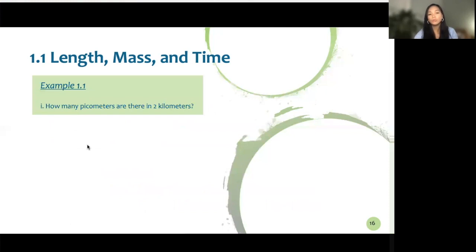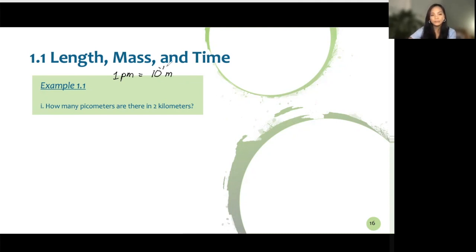The next one. Now let's go to conversion. How many picometers are there in 2 kilometers? But before we start, let's talk about the conversion first. Let's talk about picometer. 1 picometer is what? 10 to the blank meters.